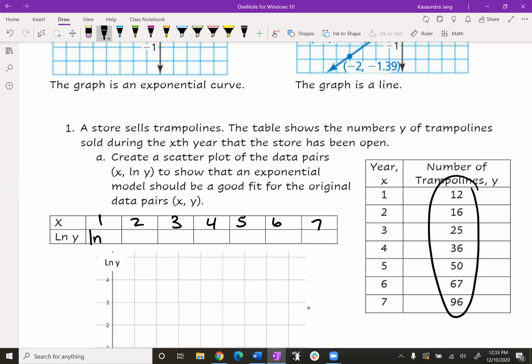So I need natural log of 12 and natural log of 16, natural log of 25. I'm doing natural log of each of these. At the X value of 4, I had straight up 36, but I'm gonna do natural log of 36. Each of these Y values, I'm taking the natural log of.